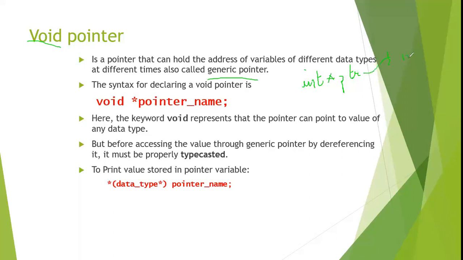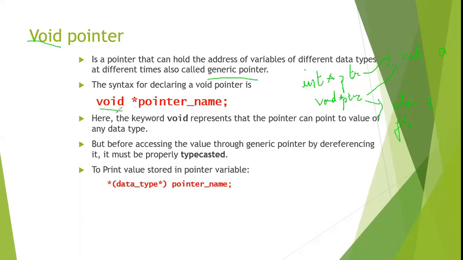It should be an integer, right? But if I create void *ptr, now it can point to an integer also, a character also, a float also.